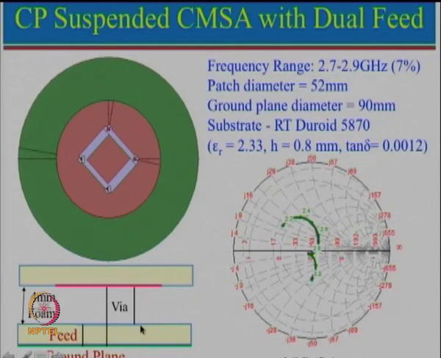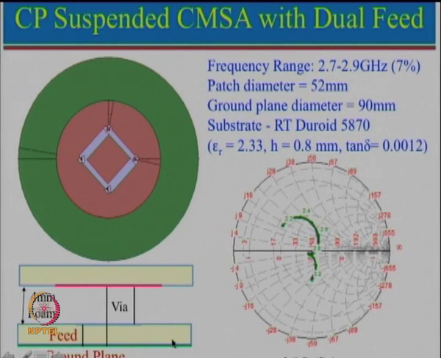And by using this configuration, we are actually getting a much broader bandwidth also, because the effective dielectric constant seen by this is very small. Foam has a typical dielectric constant of 1.05, and this one has an epsilon r of 2.33, but since this is 4, this is only 0.8. The effective dielectric constant seen by this patch is just approximately around 1.1.